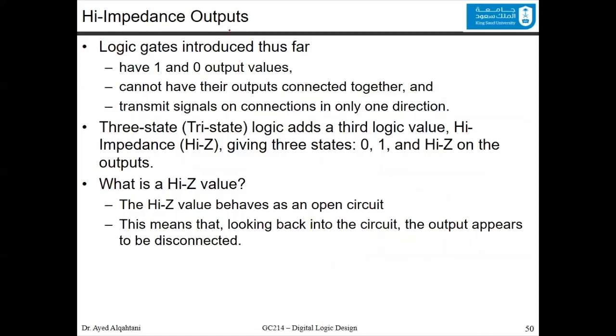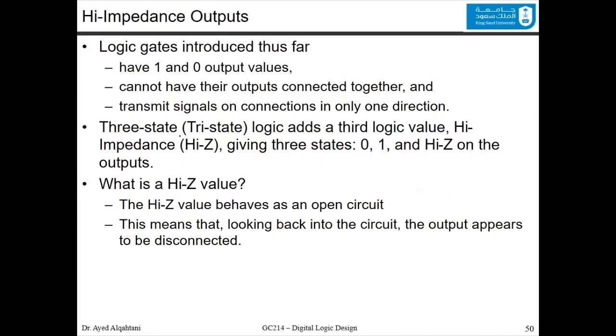The high impedance output. The logic gates introduced thus far have either 0 or 1 as output values. They cannot have their outputs connected together, and they transmit signals on connections in only one direction.